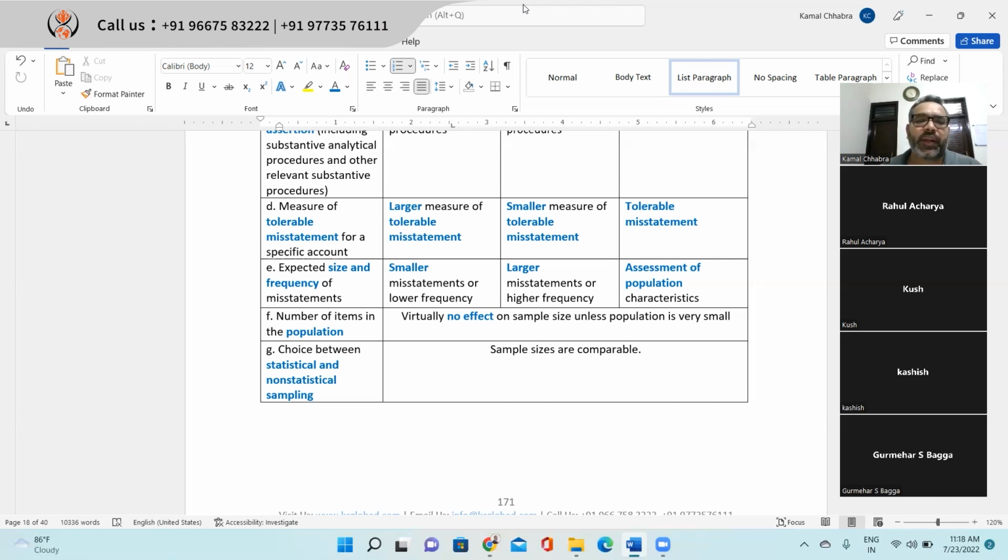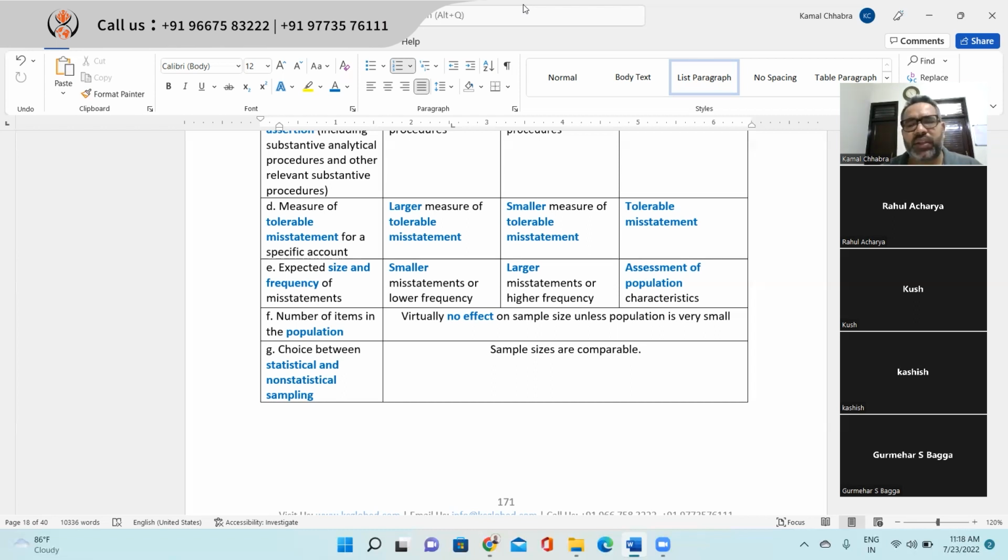Fifth is expected size and frequency of misstatement. If the frequency is low, then the sample will be low. If the frequency is high, then the sample would be more. Assessment of the population characteristics is the next consideration: number of items in the population. If the number of transactions is very low, then it will impact the sample size.